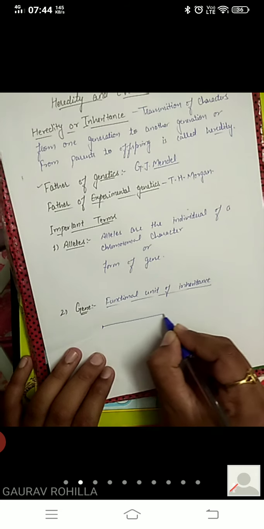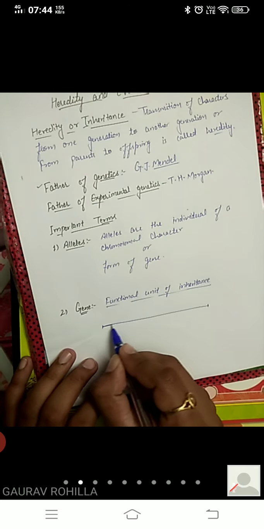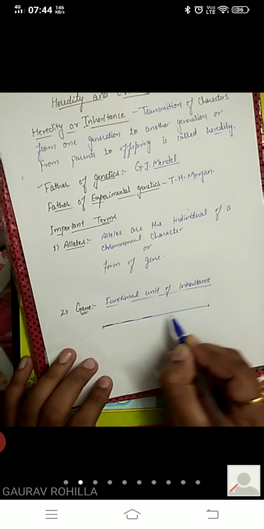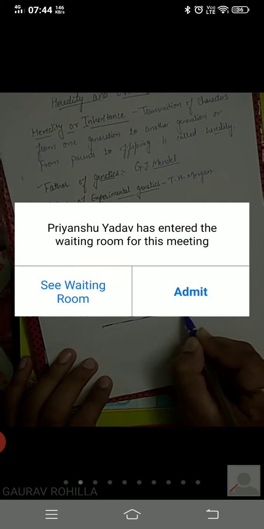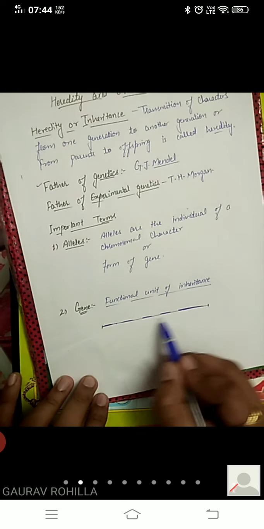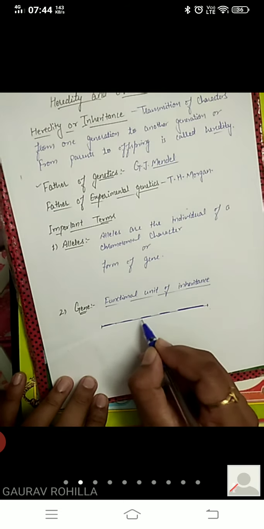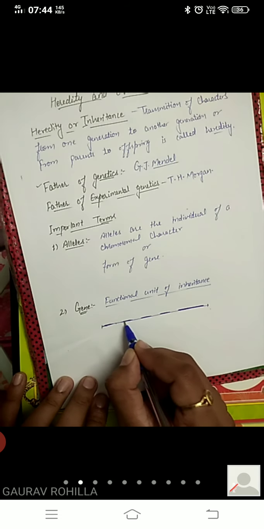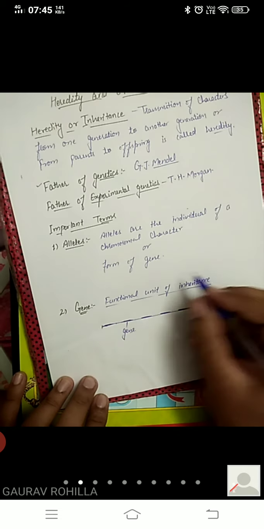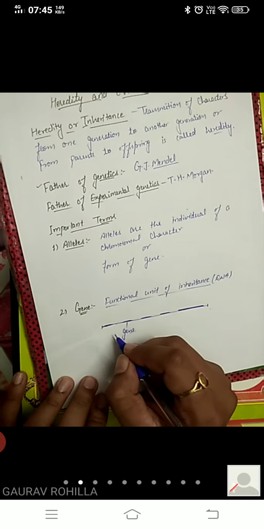There is a DNA sequence, and we know very well in a whole DNA sequence only a particular part of DNA is functional. These parts are functional for a particular character, which are highlighted here. So these functional parts of DNA are called gene. A functional unit of DNA is called gene here.